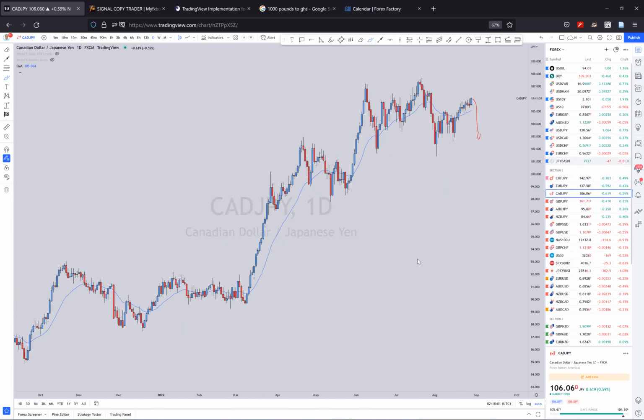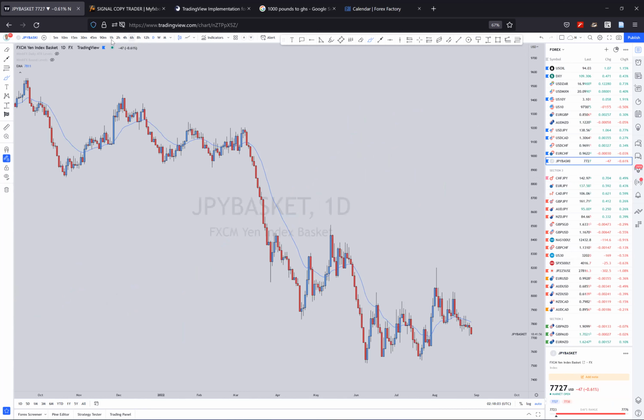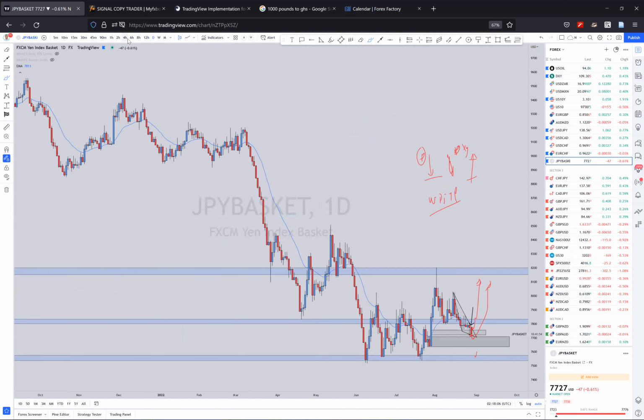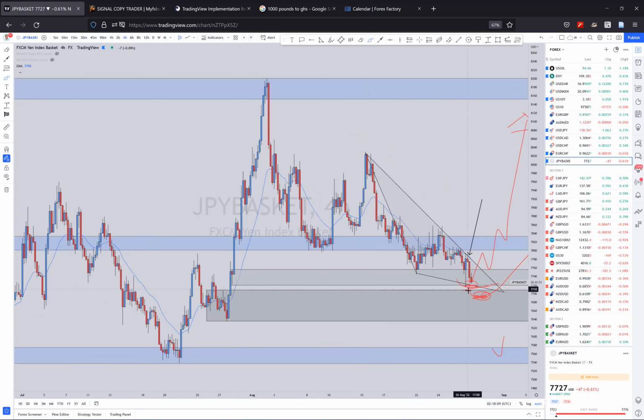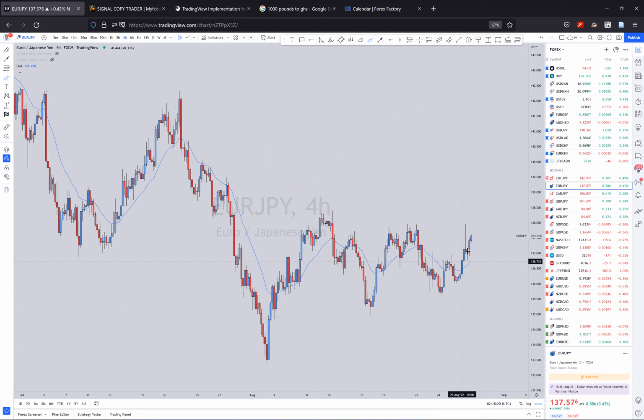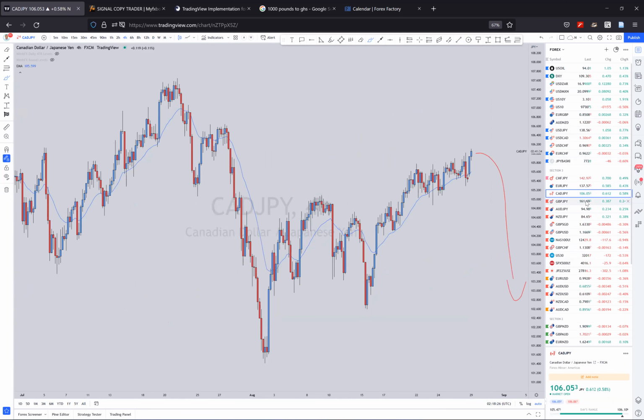But looking at what we saw on the 4-hour time frame on the basket, if price breaks this level, this is the daily level that we highlighted. So that is a lot of push to the downside, which would see pairs like Euro JPY make a big push to the upside before we reverse. CAD JPY, same thing.